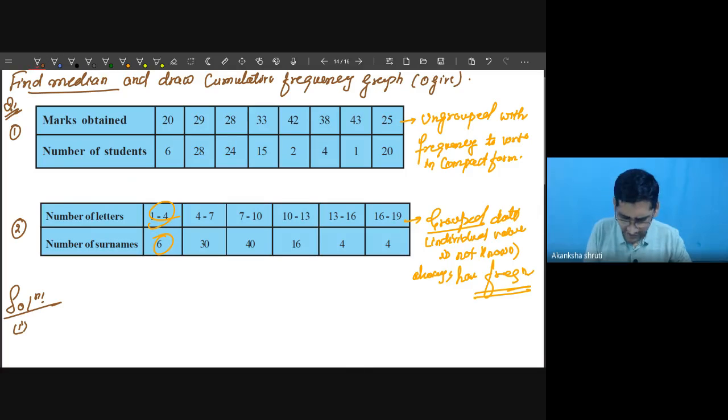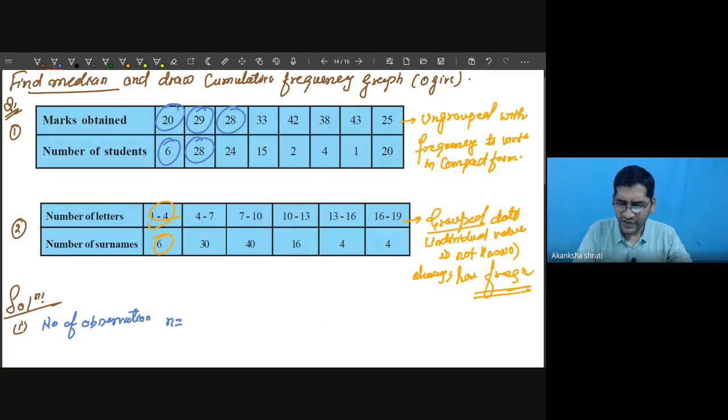First, how many observations are here, student? What is the number of observations in this case? Can anyone tell me? How is it obtained? In the first case, 20 is 6 times. The next data, 29 is 28 times.